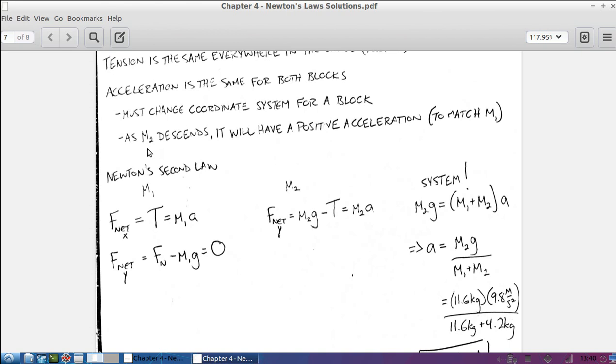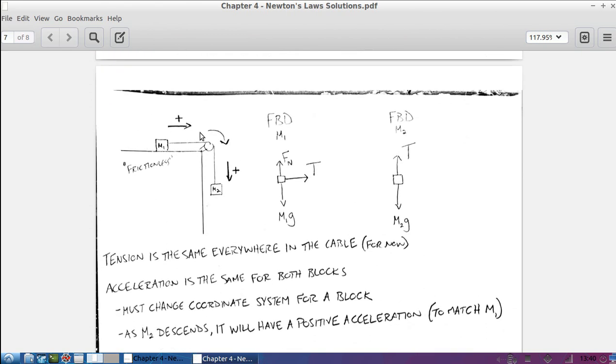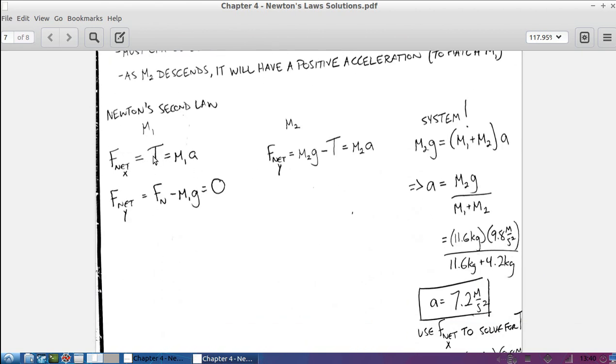Newton's second law for M1 in the x direction: it's just T. So T is M1 times a. That's the acceleration for M1. In the y direction, there's no acceleration, so the normal minus the gravitational force is equal to 0. We can solve this for the normal force.